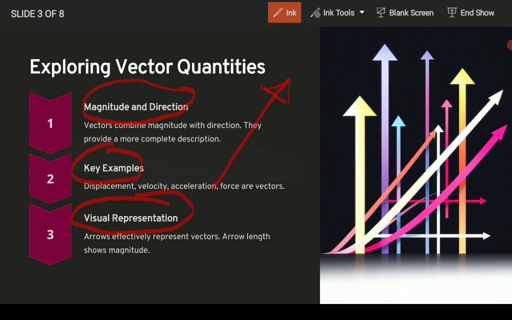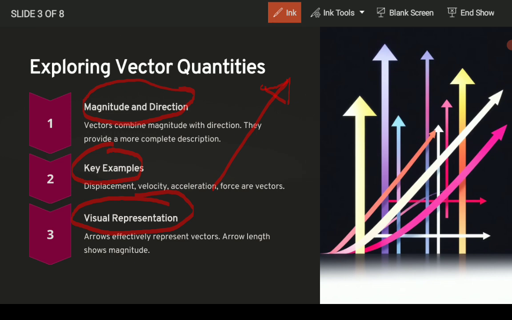That's very important. So what are we saying? We are saying that a vector has magnitude and direction. Vectors combine magnitude with direction. That's what makes vectors different from scalar quantities, the direction property. So they provide more details compared to scalar quantities.